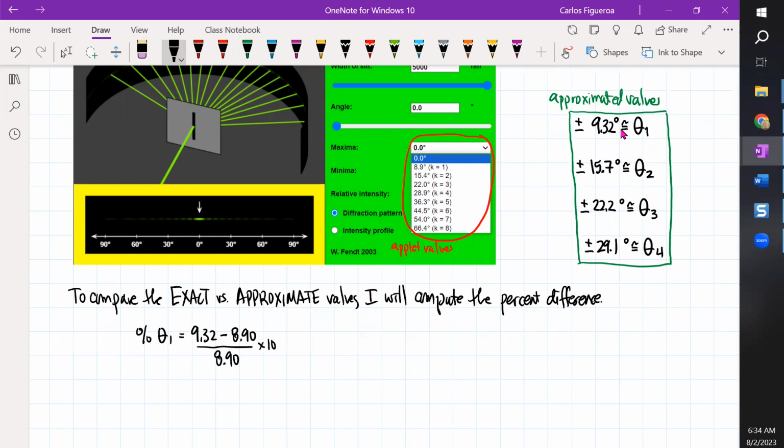Then I'm going to multiply this by 100%, and what you're going to get here is a 4.72% uncertainty.